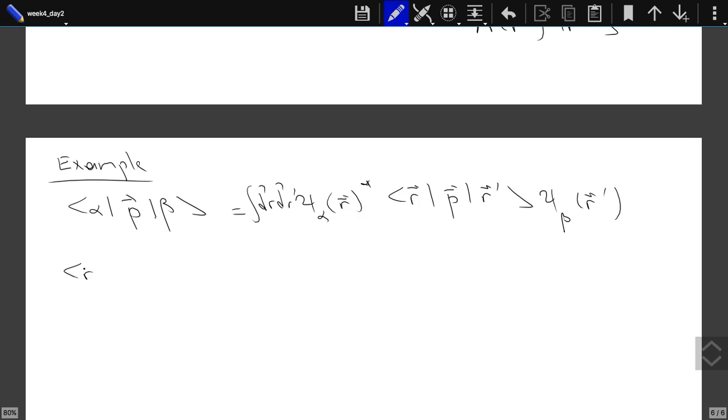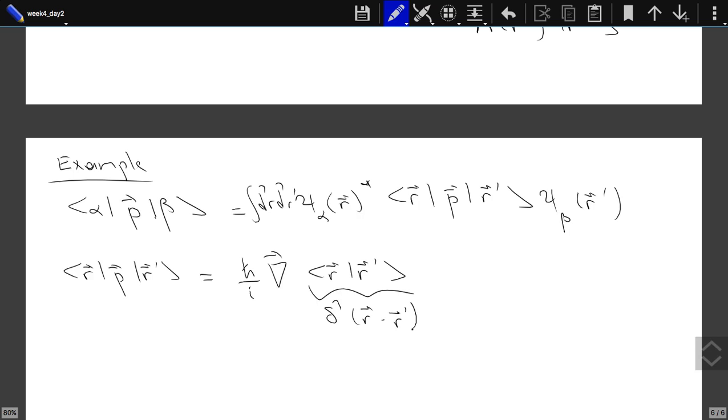Well, you see, we had already looked at this operator. We had seen that this is nothing but h bar over i, the gradient acting on r prime, but this is Dirac delta of r minus r prime.